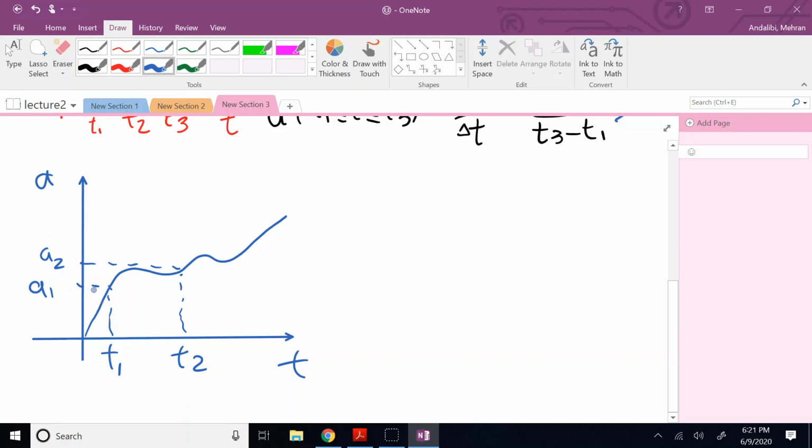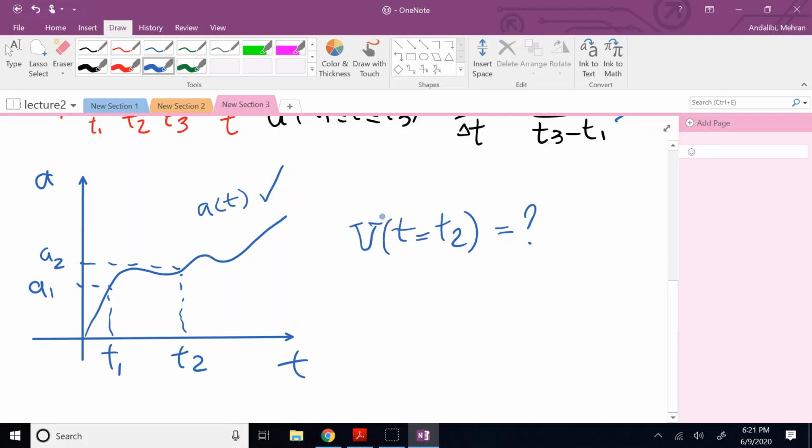Now, if I ask you, what is the velocity of the object at point t2 from this graph? Can you find it? If I exactly tell you what kind of function this is, so I exactly know a versus time, can you give me the magnitude of the velocity at point t2?